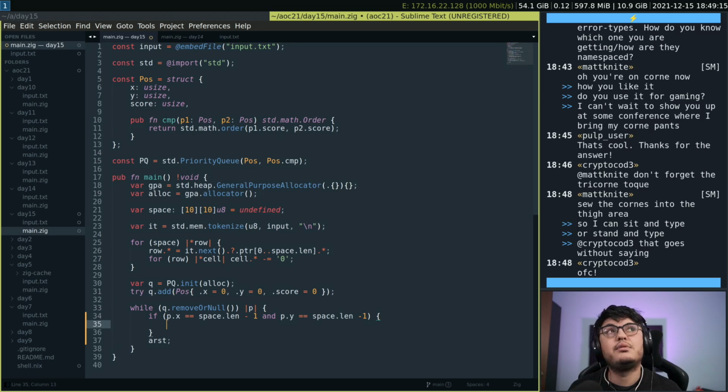Then the score that we computed there in p is the end, I think, because we expanded it in the frontier, and we should have set its score to the cumulative score of the actual path that we took to get there. Hopefully.